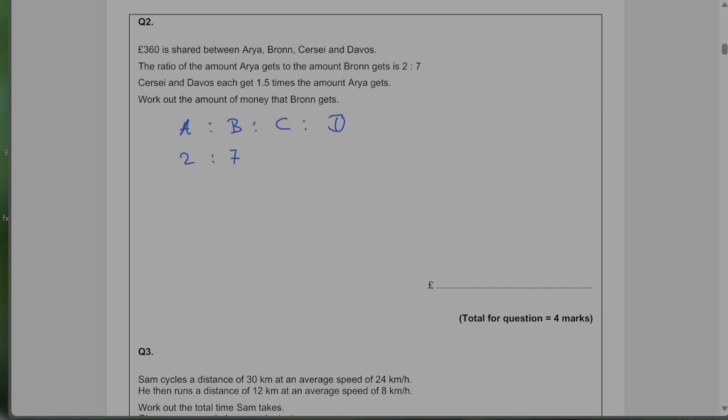So if I call this X for now, and then 1.5 would be 3x and 3x. And we know that the total for that is 360.